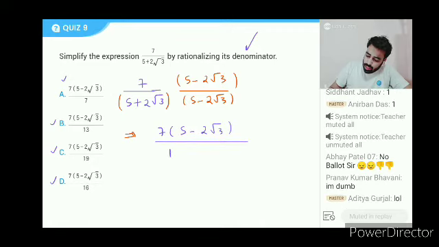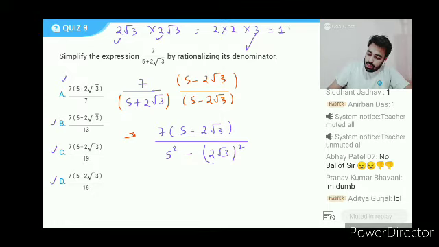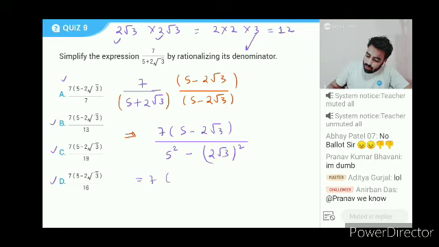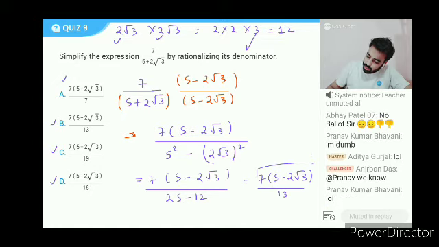The denominator has the panga, because 5 square is easy, and then we have 2 root 3 square. 2 root 3 into 2 root 3, so 2 into 2 into 3, that is 12. So 7 into 5 minus 2 root 3 divided by 25 minus 12, and that will give me 7 into 5 minus 2 root 3 divided by 13. This is the final result. Option B.